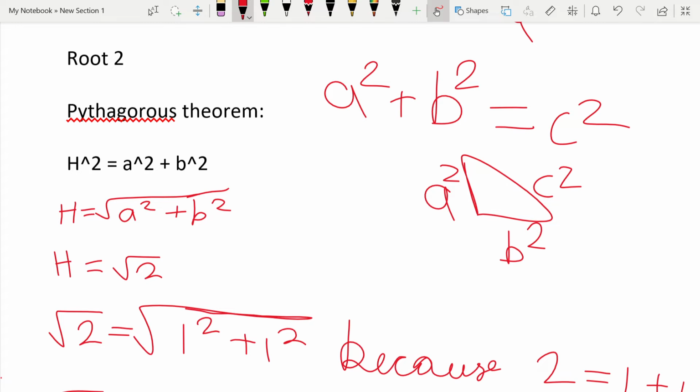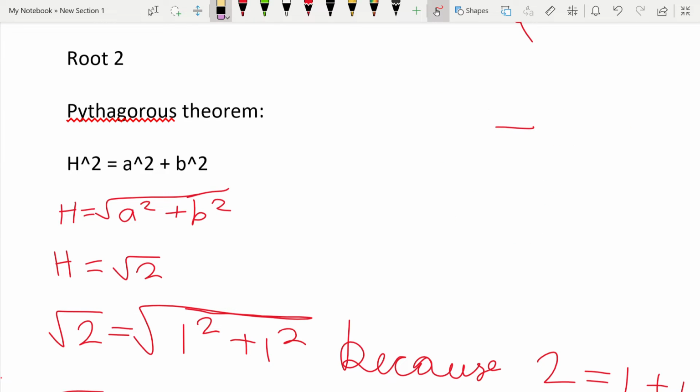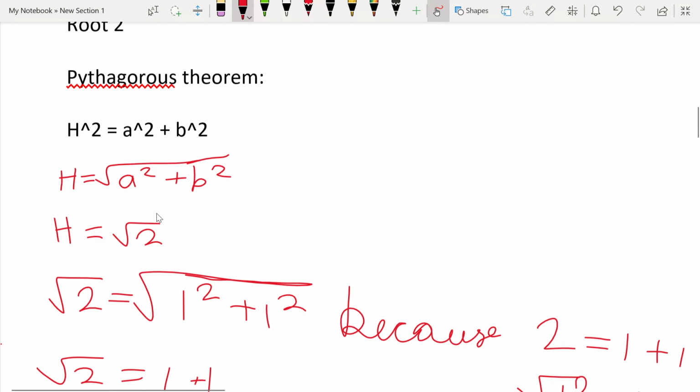Right? So, now let's use that formula. h square is equal to a square plus b square.